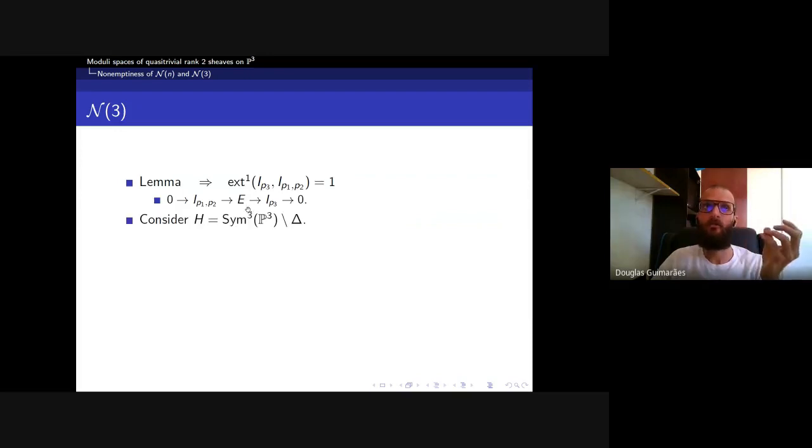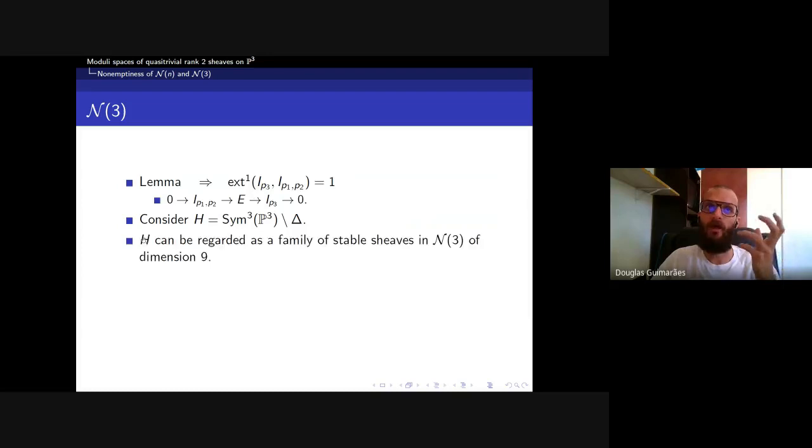So what we can do now is consider this H here, the symmetric product of P3, and we remove the diagonals to ensure that these choices of points are all distinct from each other. And by what I just said, this H here can be regarded as a family of stable sheaves, because remember, we are in the most balanced case.